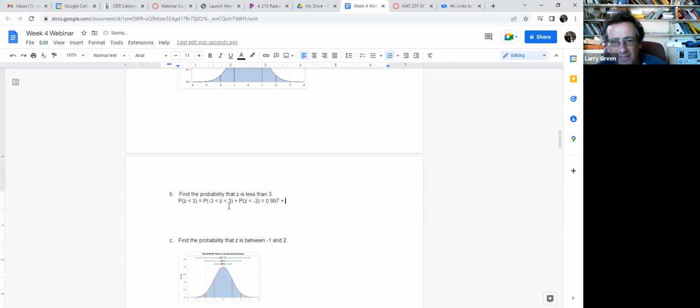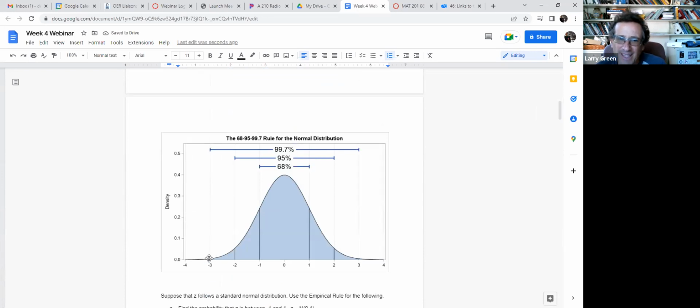And then plus, now we need the probability that we're less than -3. That one's a little bit harder. You have to look at these as pieces. We know -3 to 3 has 0.997, so the rest, these two tails together, will have 1 minus 0.997. Any questions on that? That's called the rule of complements.